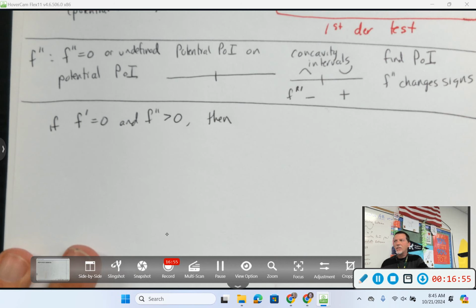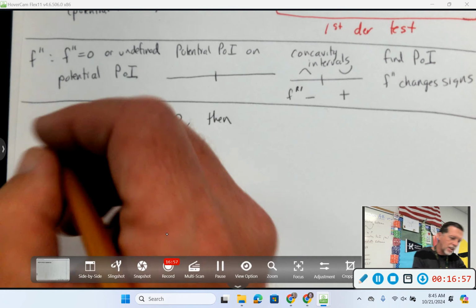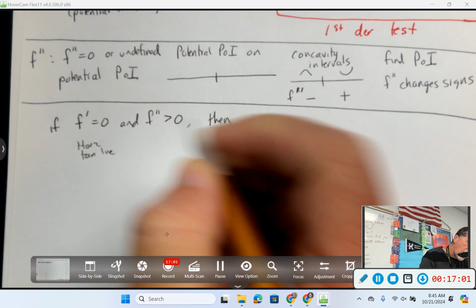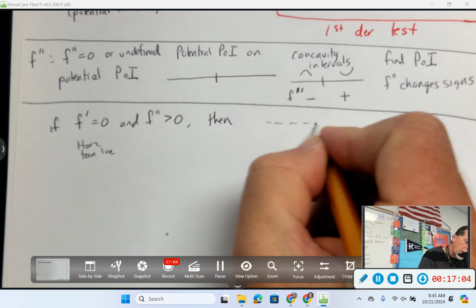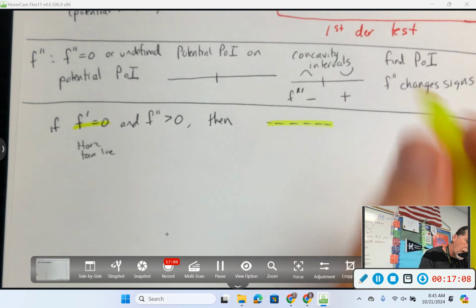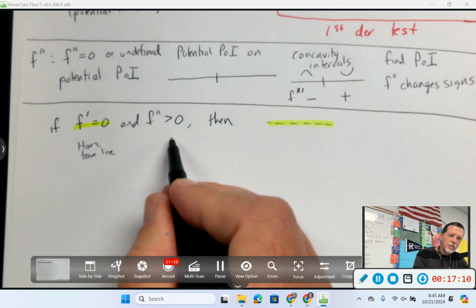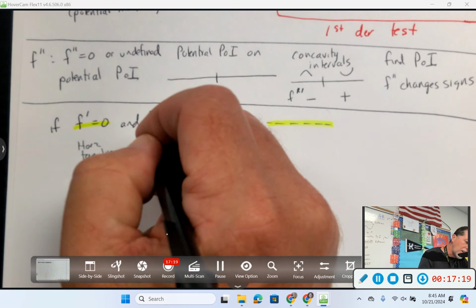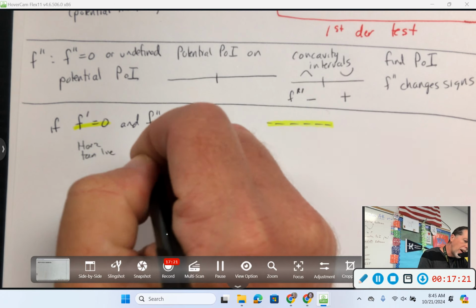First derivative is 0: horizontal tangent line. And if the second derivative is positive, what does that mean? It means f prime is increasing. What does it mean for f?